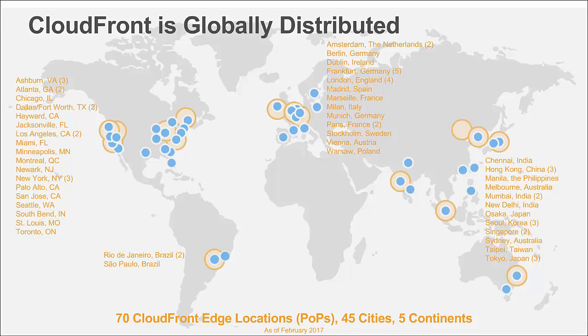So it's globally distributed. As of February 2017, there's 70 edge locations in 45 cities on 5 continents. I think that we'll definitely continue to see that grow, although I'm not sure that we'll see anything on that 7th continent because it's a little cold down there.